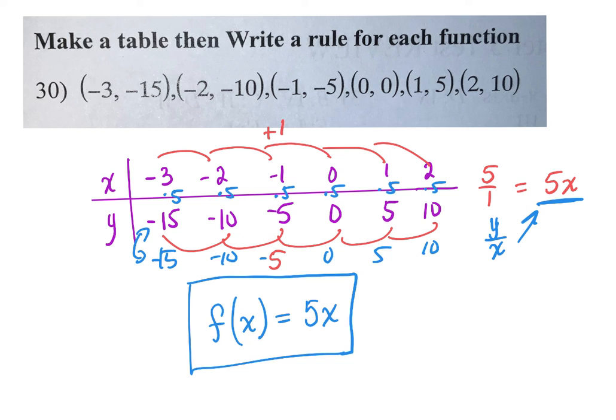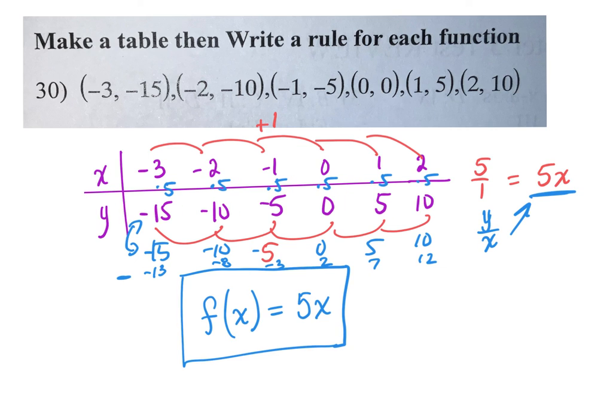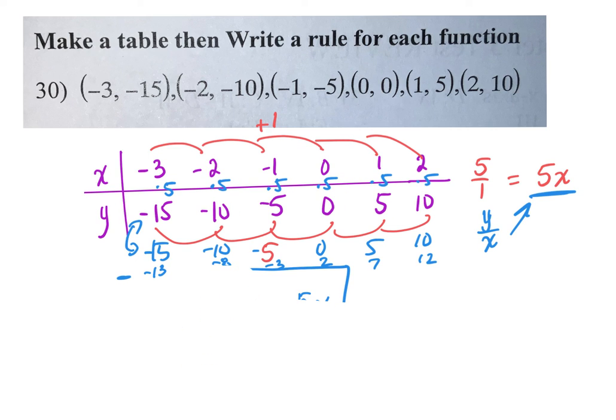But if I had something like this and maybe this row didn't look like that, maybe this row looked like negative 13, negative 8, negative 3, 2, 7, and 12. Okay? So let's say my row wasn't perfect and it was these compared here. Let me move this down. So when that happens, then you're going to compare what it was when I multiplied.